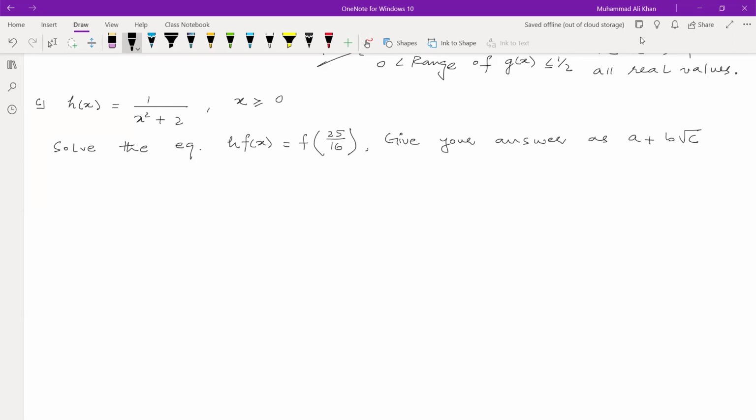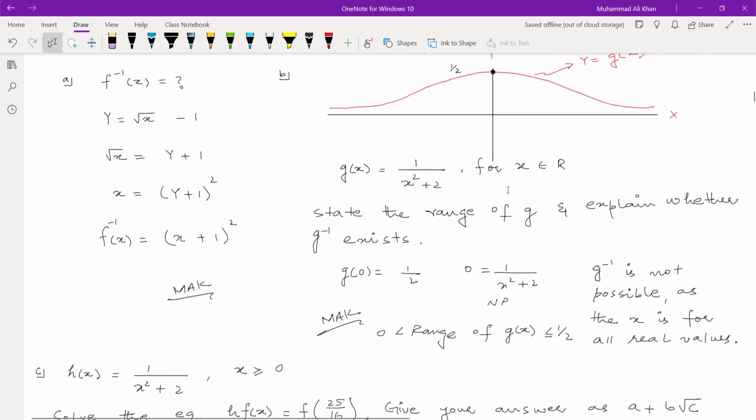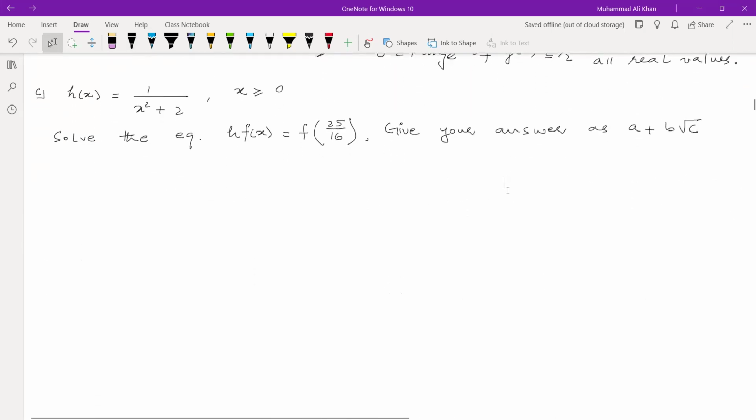So now, first we have to calculate h f(x), meaning substitute the function f in the function of h. The function f is under root x minus 1. So we can say that it will be 1 upon under root x minus 1 whole squared plus 2 equals. Now substitute 25 over 16 in the function of f.